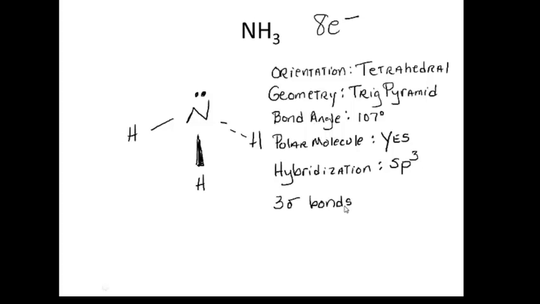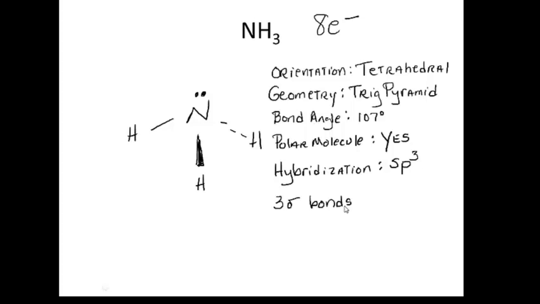The orientation is 4, tetrahedral. There are 4 domains or orientations. There are 4 pairs of electrons around the central nitrogen atom. That is tetrahedral orientation. The geometry is different because of the 4 pairs, 3 of them are bonded, 1 of them is not. That means it's a trigonal pyramidal geometric shape.